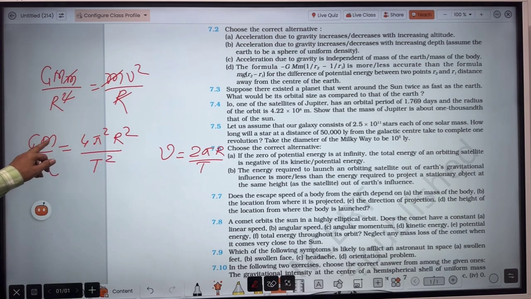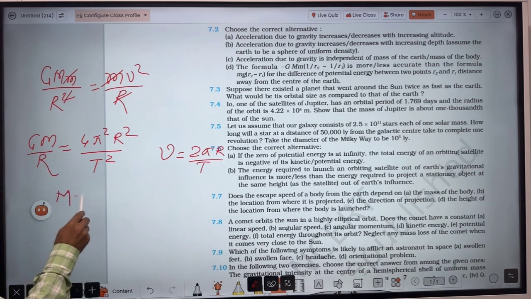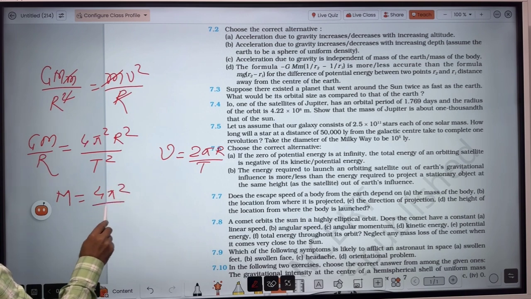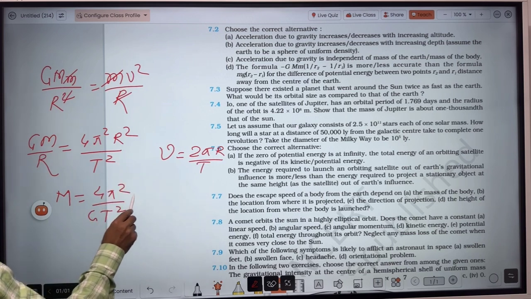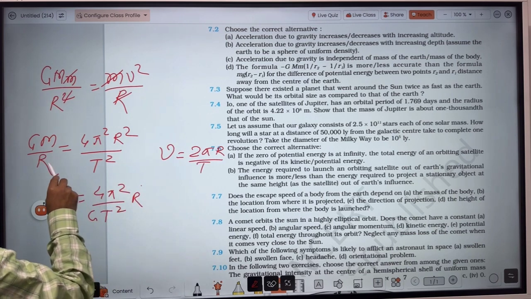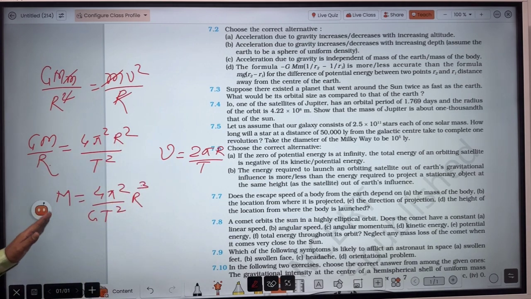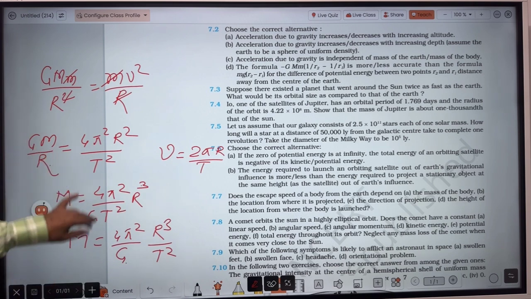Our concern is to get M. So M equal to 4 pi square divided by G times r cube divided by T square. So this formula we are going to make use of.